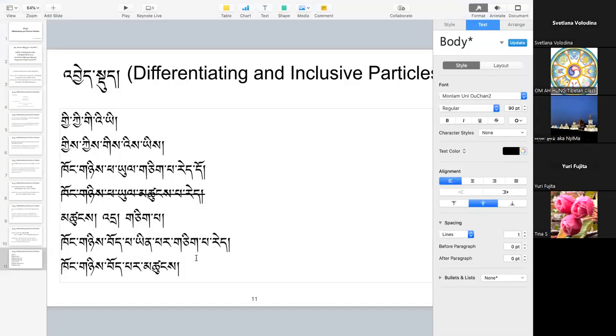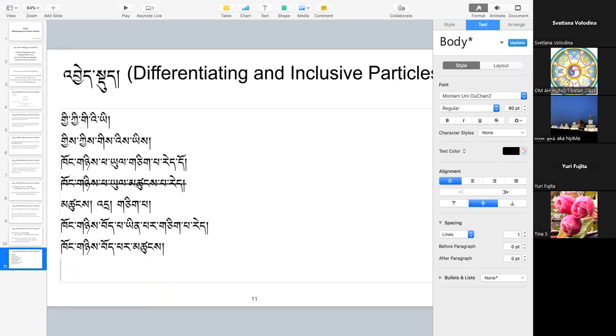Today we know this particle as one of the Chedu. Yes, Chedu. Sorry, but sometimes we know this particle as a mark of time, a time-related particle.